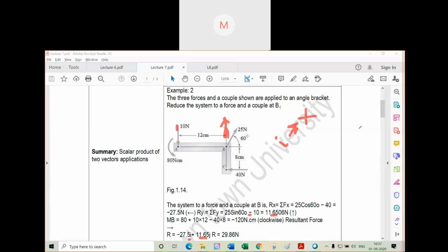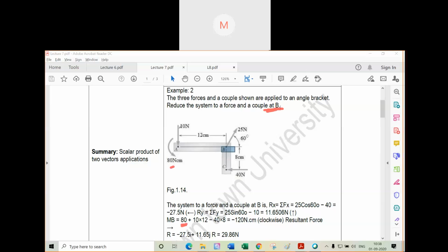Now look. If you see, the moment is how much? We have to find out the moment about point B, na? Because here at B is given. So that means 80 is already a moment.